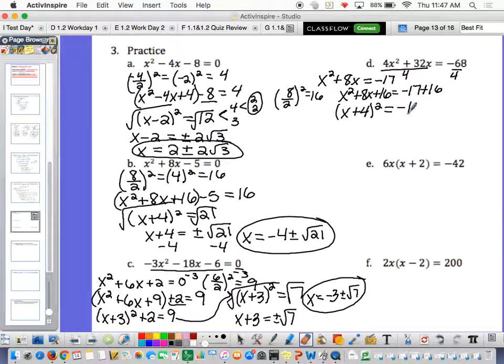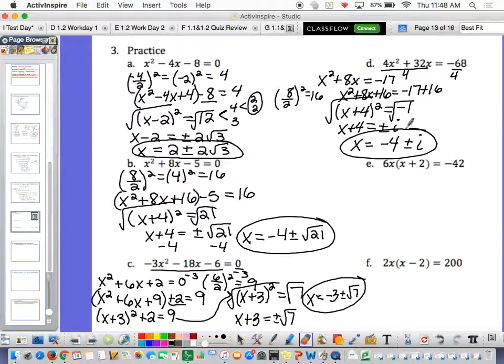Negative 17 plus 16 is a negative 1. So you square root. You're left with x plus 4 equals plus or minus i. Subtract 4 from both sides, so x equals negative 4 plus or minus i. Okay? If I'm talking too fast, just go back and rewind. It's okay.